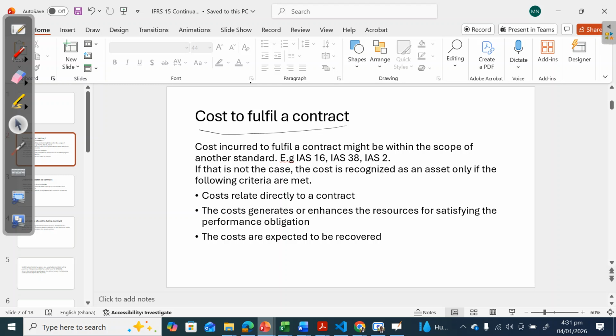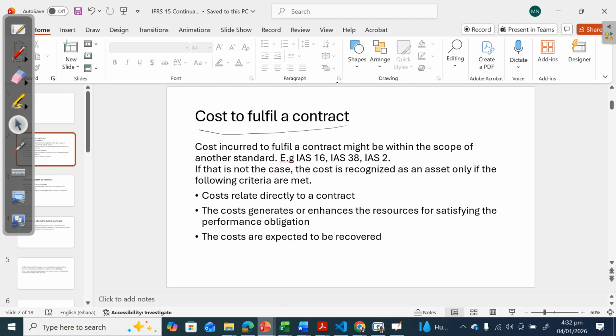contract. So let's say that you are a road contractor. You've been contracted to build a road from maybe point A to B. Now you may have to use your own money for probably hiring some labor, getting some workmen and labor, and maybe buying some machines for the project, or going to hire some machines for the project.